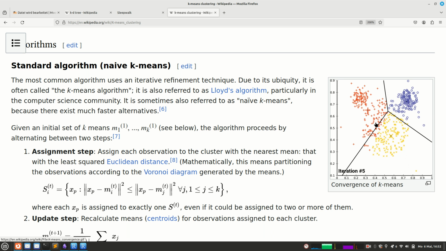And once I've done that, I re-go and calculate over all the cells which I have been assigned to one of the three groups, the new centroid, so the new average of the x and y coordinates to get a new center. And that's what's happening here. Every time the thing moves, a new center was calculated.